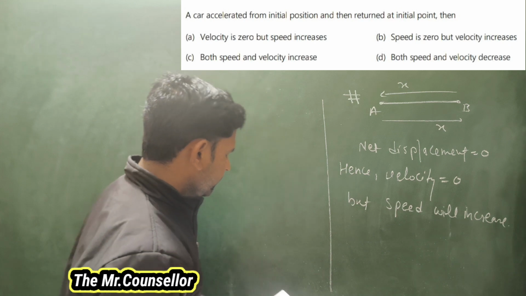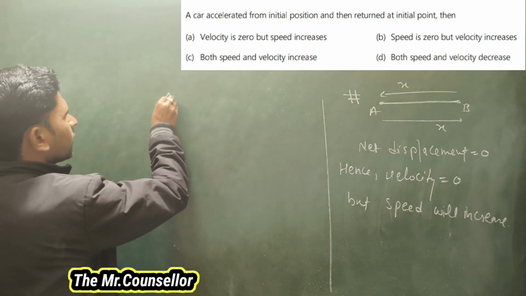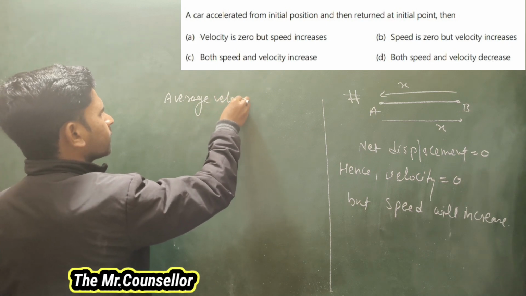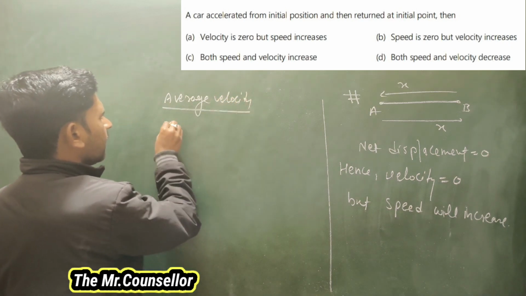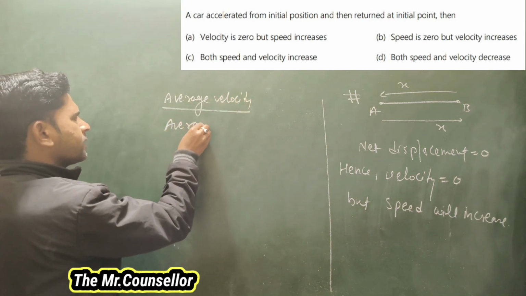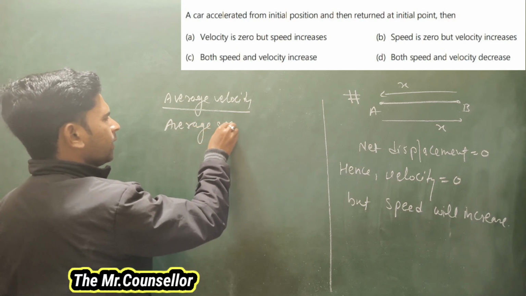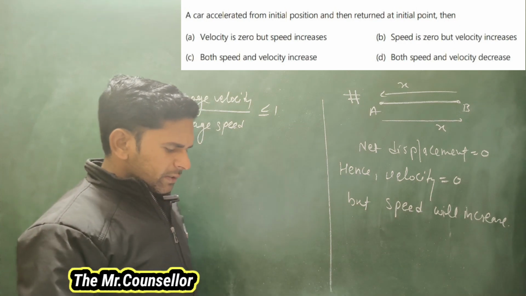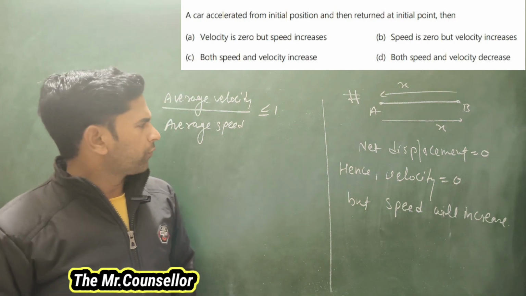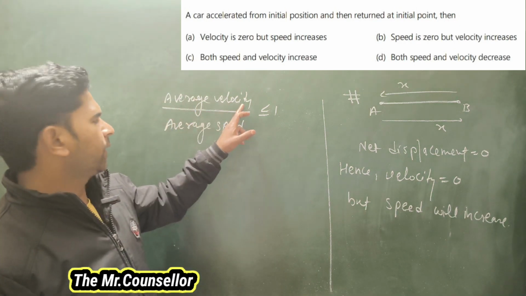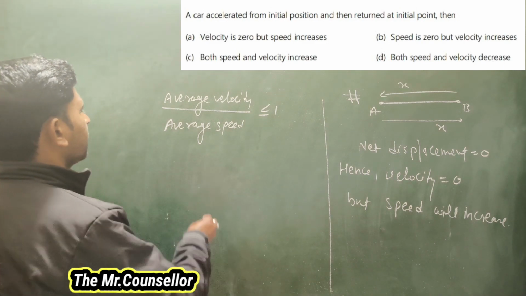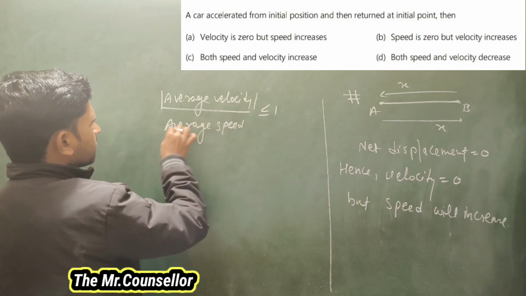You know one relation: average velocity divided by average speed is always less than or equal to 1. This is a very important formula. Average velocity divided by average speed is always less than or equal to 1. You can consider the magnitude of this one also.